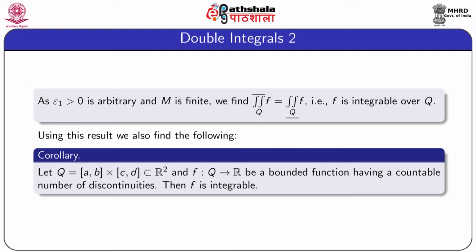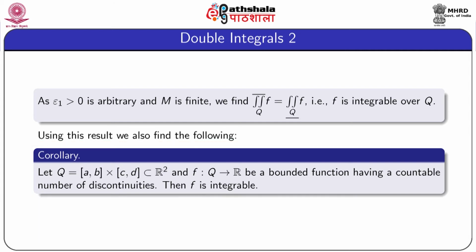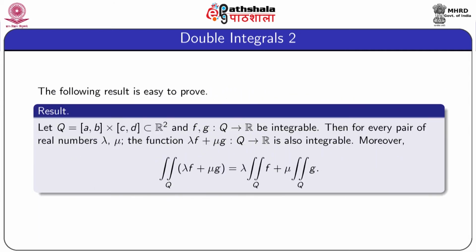Using this result, we also find the following. Let Q equal to [a,b] cross [c,d] and f from Q to R be a bounded function having a countable number of discontinuities. Then f is integrable. We have another result which is easy to prove.